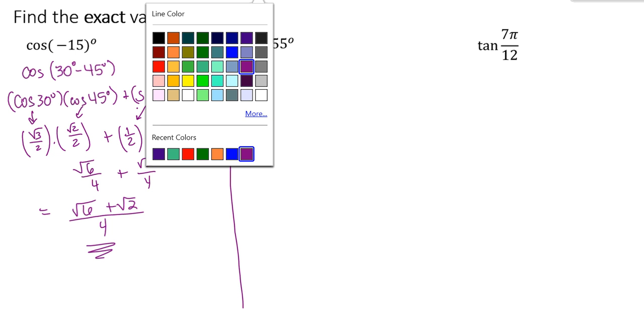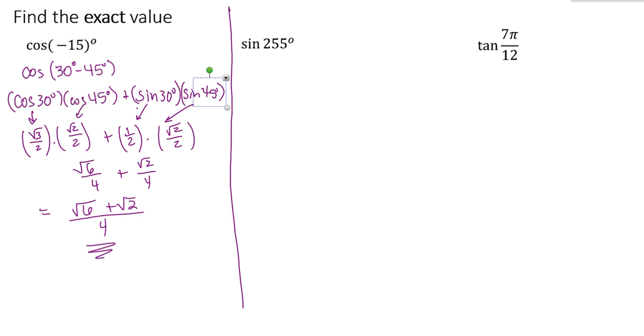All right, let's try this next one using sine. It's sine of 255. Let's do an adding one again. Let's do sine of 225 plus 30 this time. There we go. All right, plug it into the formula.